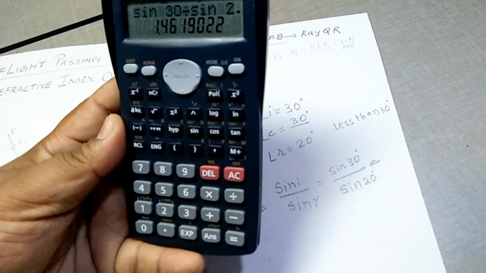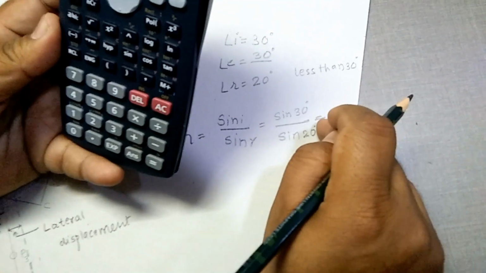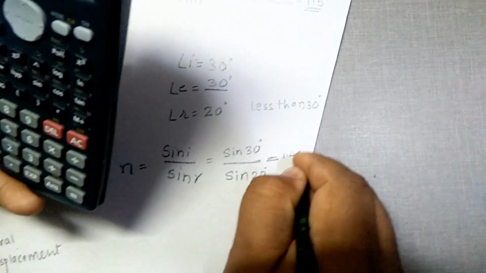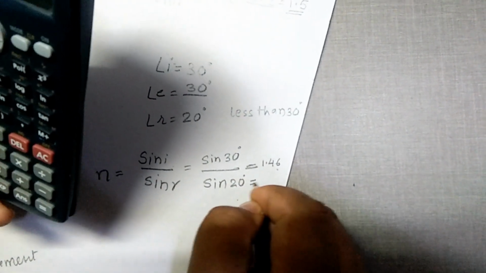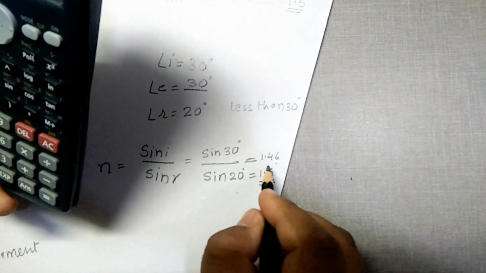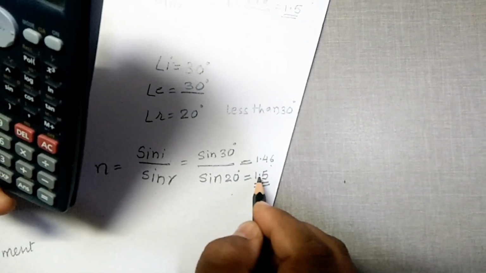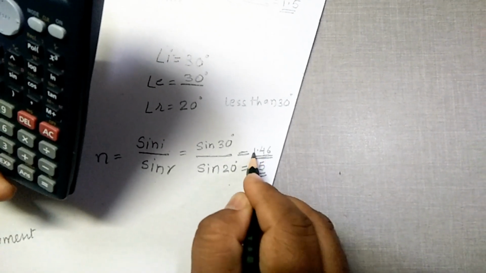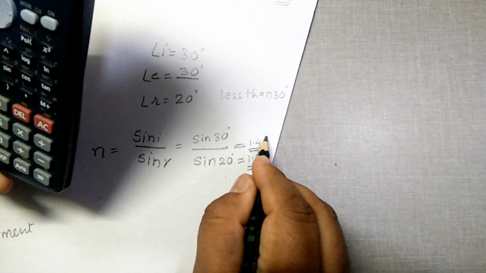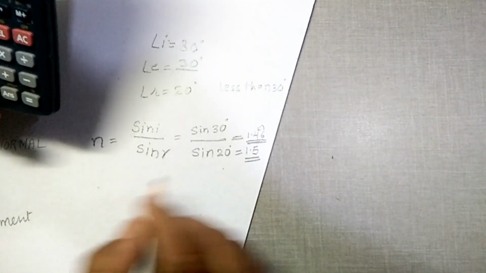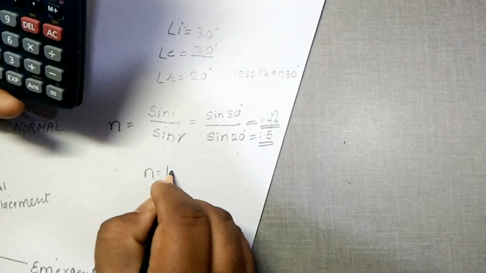So I can round it to 1.5. Actually the refractive index of the glass slab is 1.5, and my number is very close to this. Because of the 6, I can round it to the next number, that becomes 1.5.